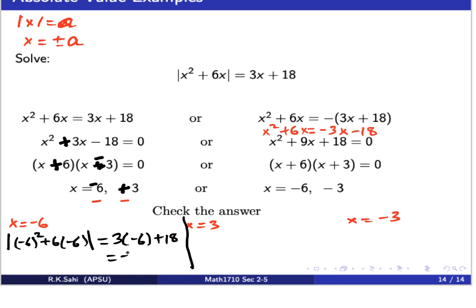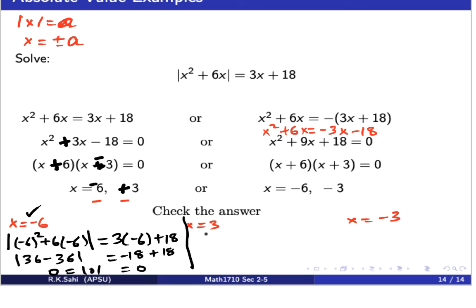We're getting negative 18 plus 18 on the right hand side, which is equal to 0. Let's look at this side. On the left hand side, we get positive 36 minus 36 absolute value, which is basically 0. 0 equals 0. Good. x equal to minus 6 is a solution.